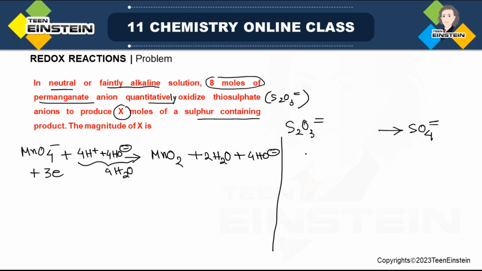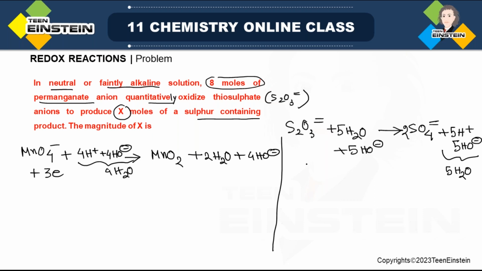Now come to the other reaction, S2O3 2 minus. To balance the sulfur, you have to write 2 here. Next, you have to balance oxygen. So you add 5 water. Now when you add 5 water, you have to add 5H plus. It is alkaline medium, so 5HO minus both sides. Now from this part, it is 5 water molecule.